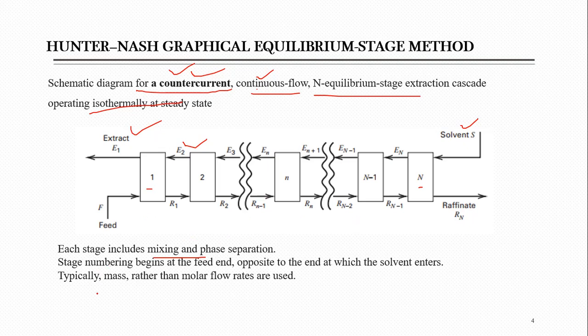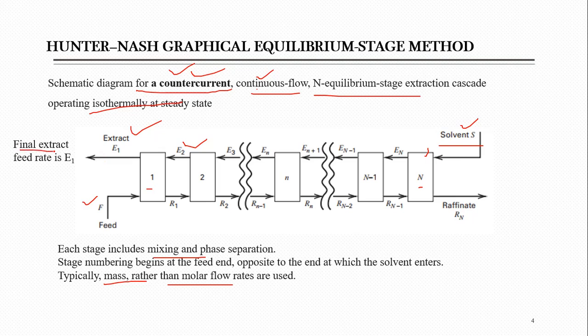Usually in this system we talk about mass. Since you are talking about liquid extraction, in which liquids are involved, we commonly use mass fraction and mass instead of moles. The solvent enters from the end opposite to the feed, and the solvent-rich stream leaves from stage 1, because it entered from stage N and leaves from stage 1.